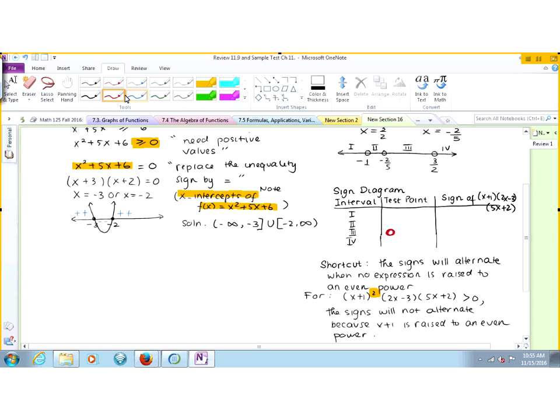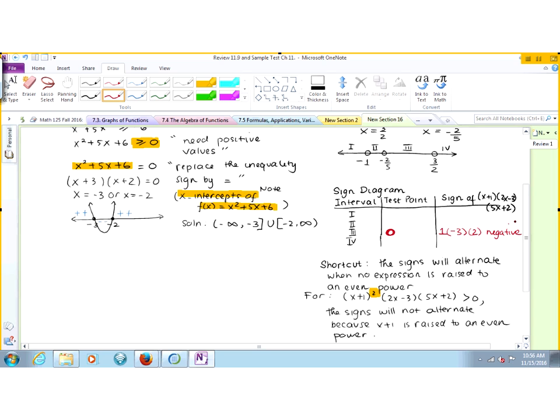Now, I'm going to substitute here. 0 plus 1. 0 plus 1 is what? Positive or negative? Positive. Or if you want, you can write down 1. 0 plus 1 is 1. 2x minus 3 is negative 3. 5x plus 2 is 2. So is this positive or negative? Negative. Okay, right?